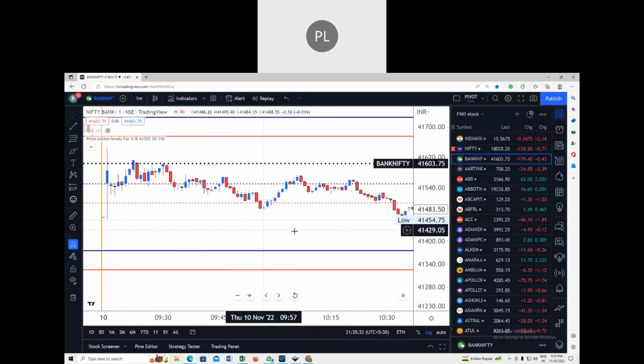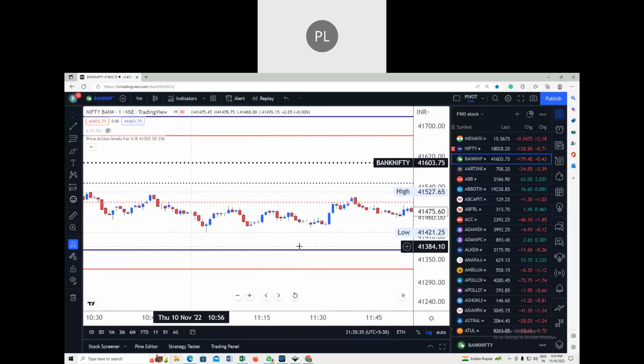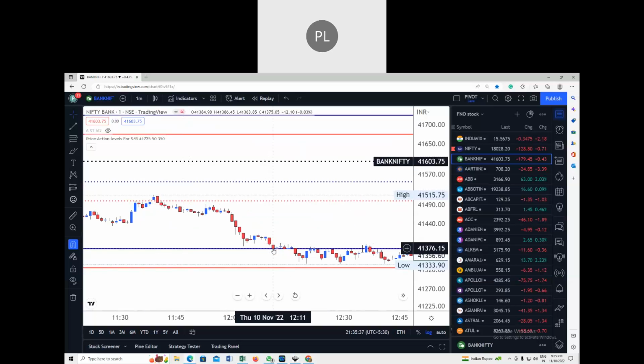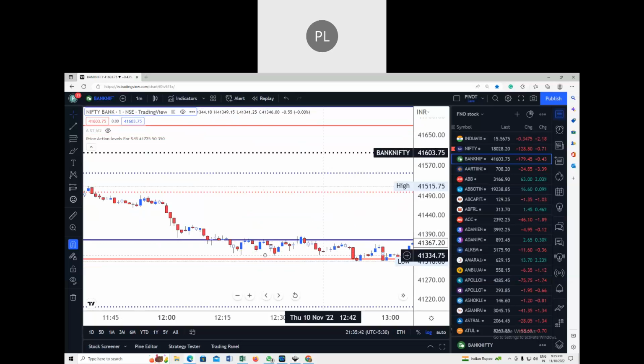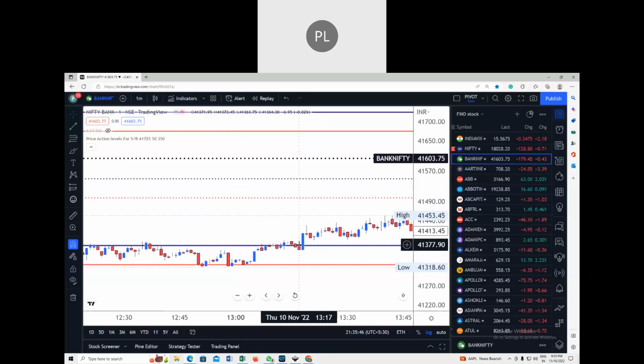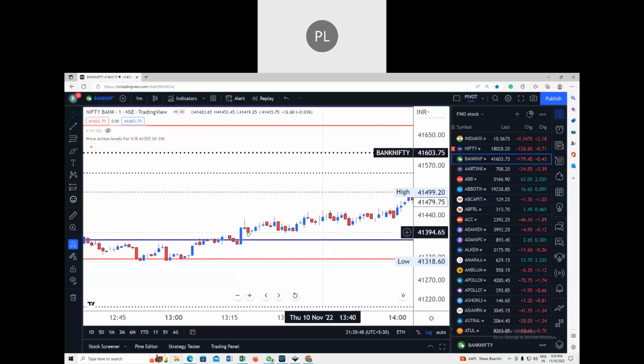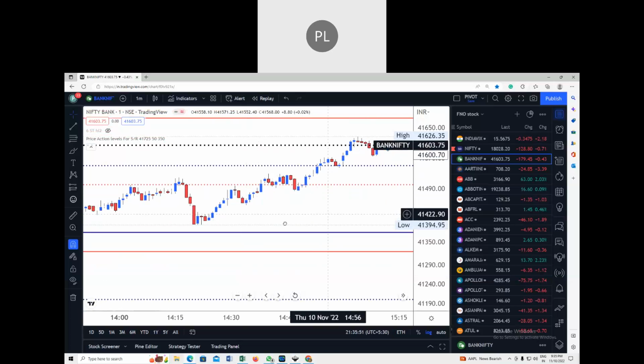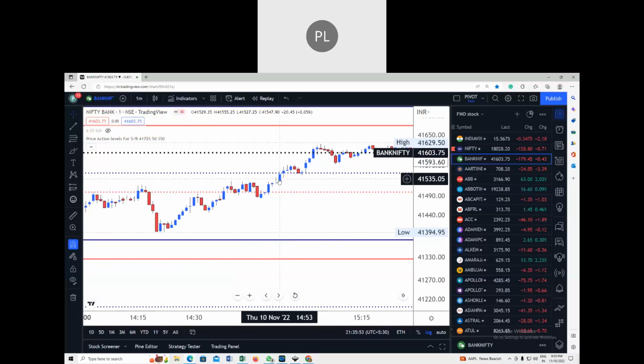After a long time it came to this level at 12 o'clock at 41375. Then it hit a stop loss. We would have sold here. Again, a stop loss would have been hit, and then the market started moving higher. At the end of the day, the market closed at around 41,577.20, or approximately 202 points.